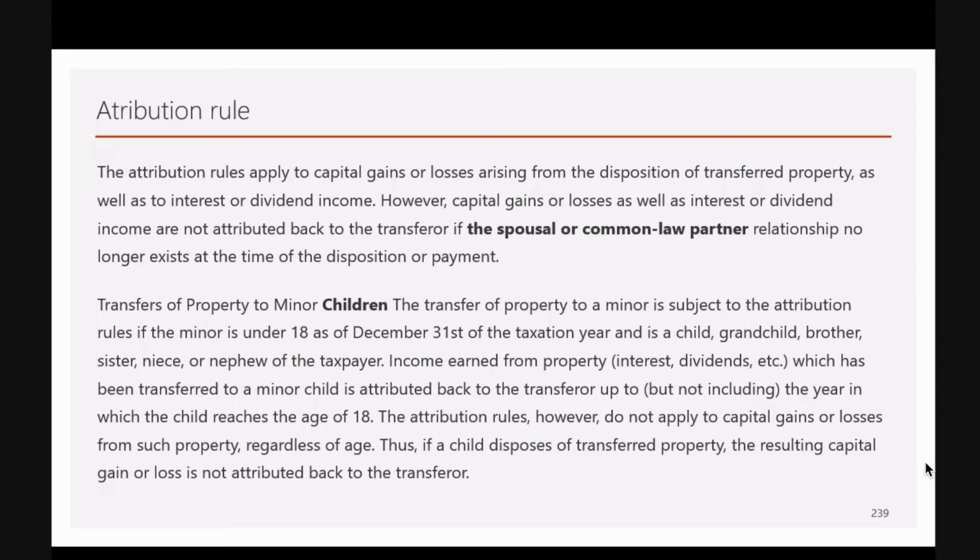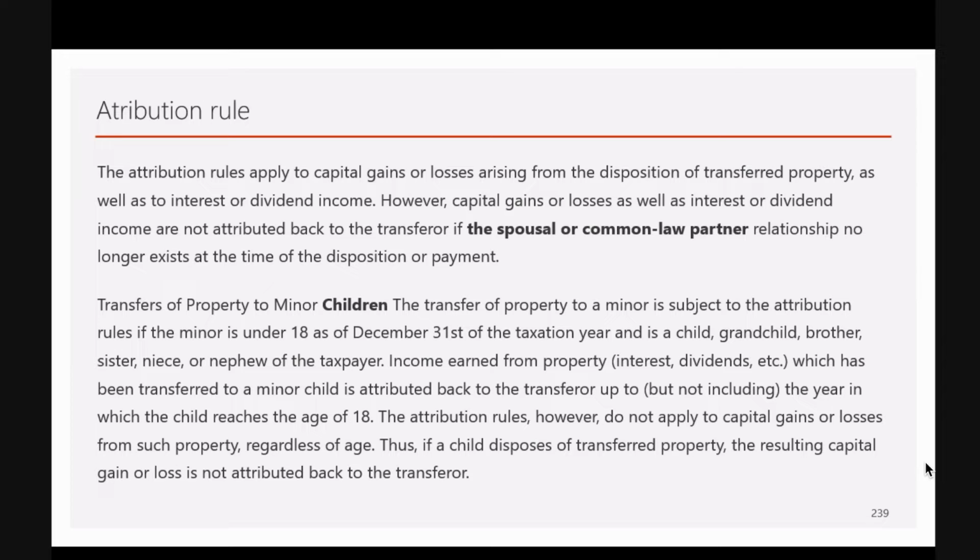The same applies to grandchildren, brothers, sisters, nieces, nephews of the taxpayer: the income earned from the property, such as interest and dividends, which has been transferred to a minor child, is attributed back to the transferor, up to but not including the year in which the child reaches age 18.